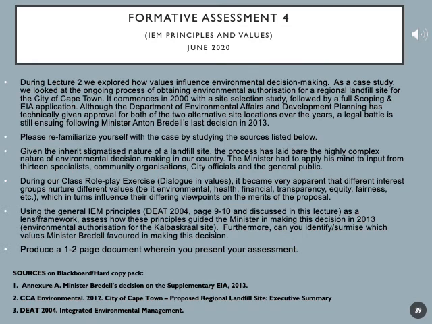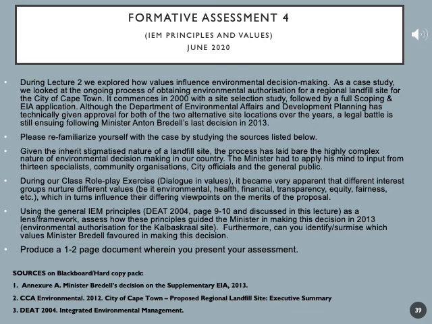This brings me to the end of this lecture. And to consolidate everything that we've learned, the following formative assessment must now be looked at. You will remember that we looked at the City of Cape Town's regional landfill site, or the EIA for the proposed landfill site, in lecture 2, and we did that class role-play exercise, the dialogue and values.